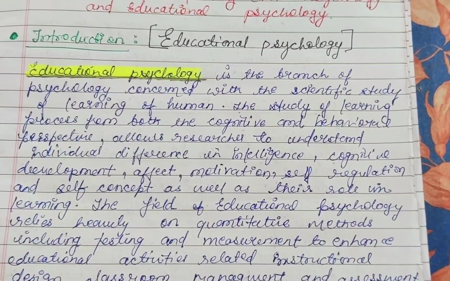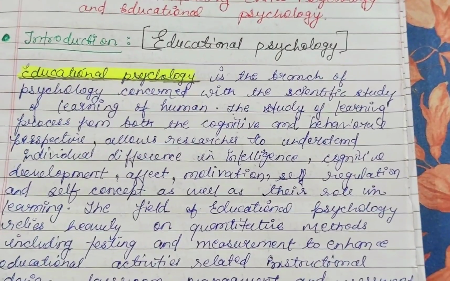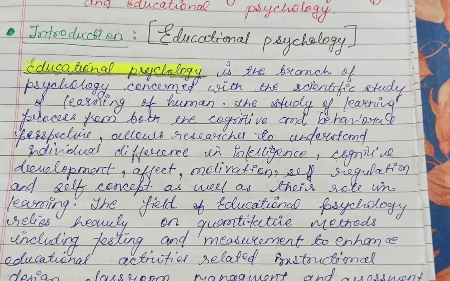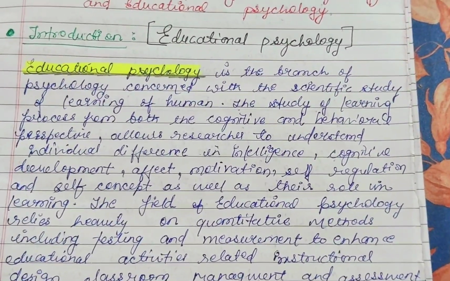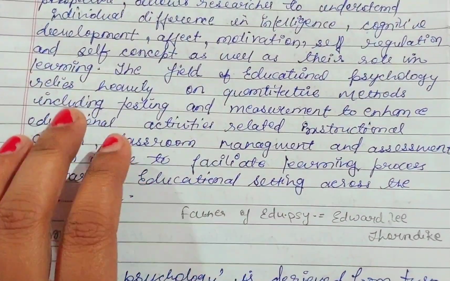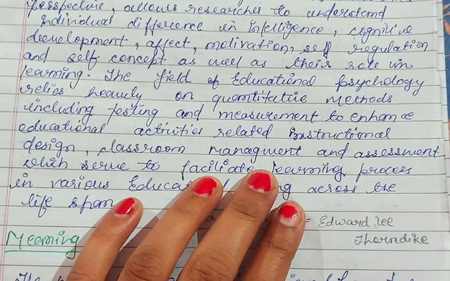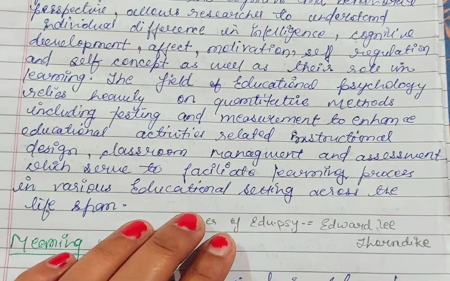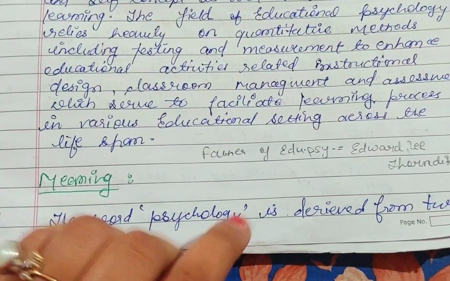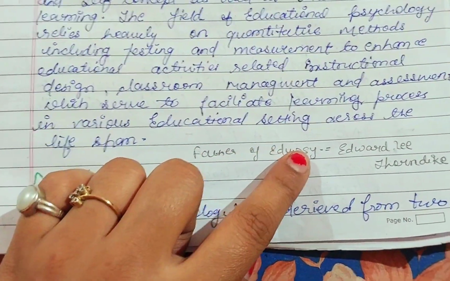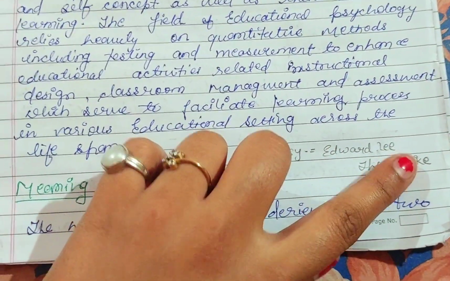The field of educational psychology relies heavily on quantitative methods, including testing and measurement, to enhance educational activities related to instructional design, classroom management, and assessment, which serve to facilitate the learning process in various educational settings across the lifespan. So, the father of educational psychology is Edward Lee Thorndike.